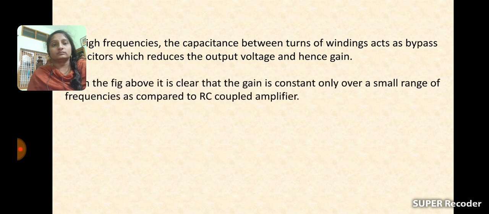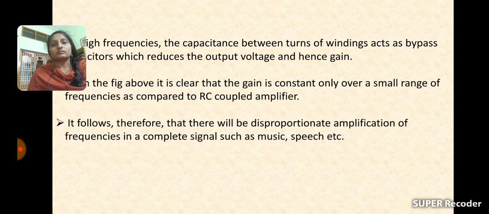and see here, at high frequencies, the capacitance between the turns of winding acts as a bypass capacitor, which reduces the output voltage and hence gain. So what we explained in the slide: at high frequencies, why is the voltage gain reduced?